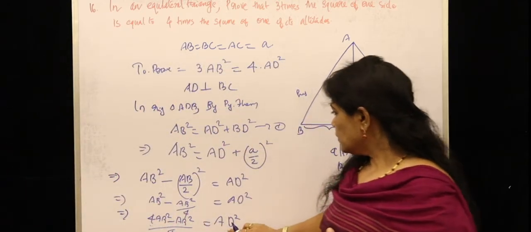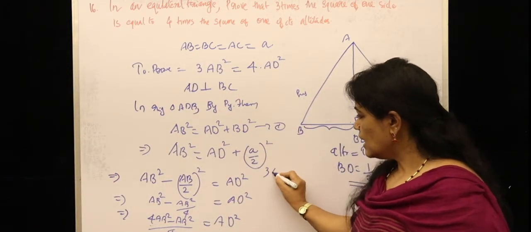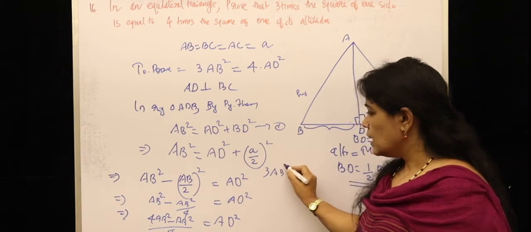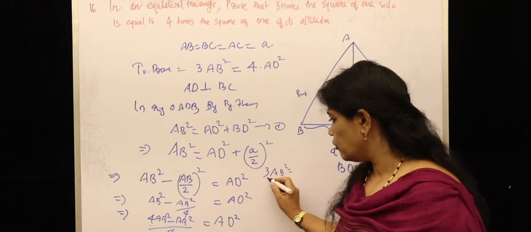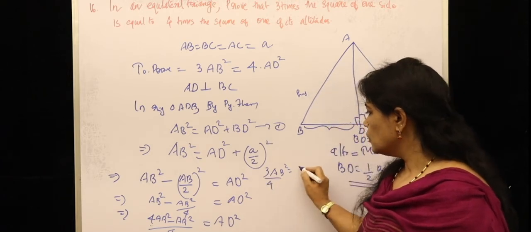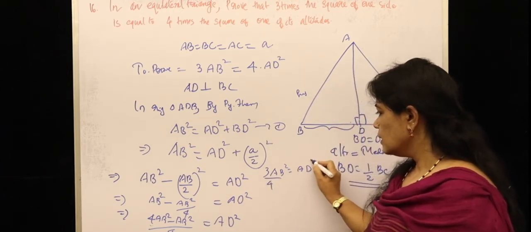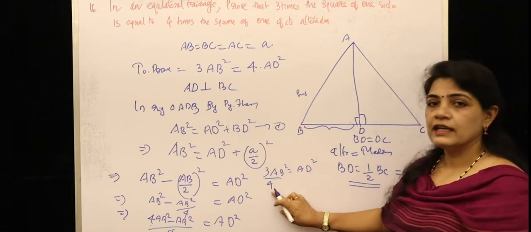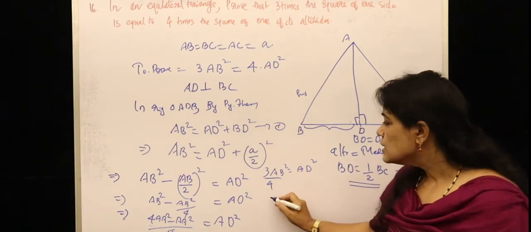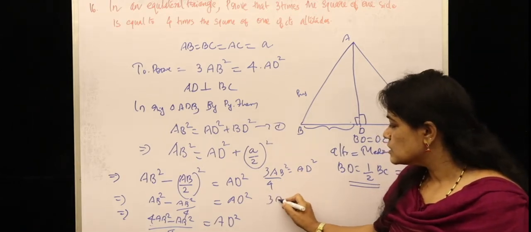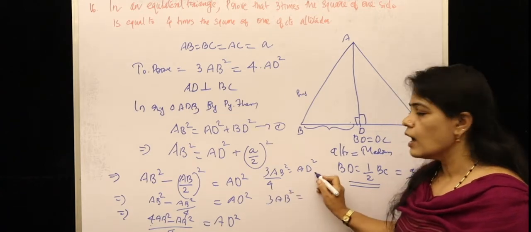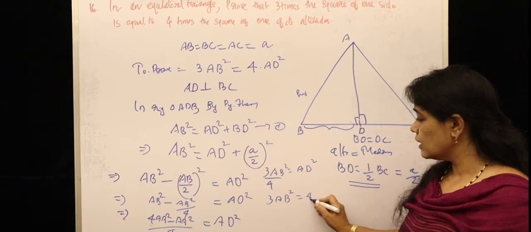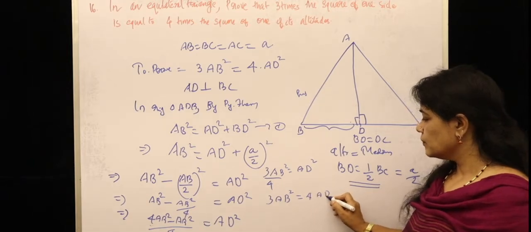From this you can write 3AB square divided by 4 equal to AD square. In the next step we can take this 4 to RHS. So 3 times AB square, I am taking 4 to RHS, so 4 times AD square.